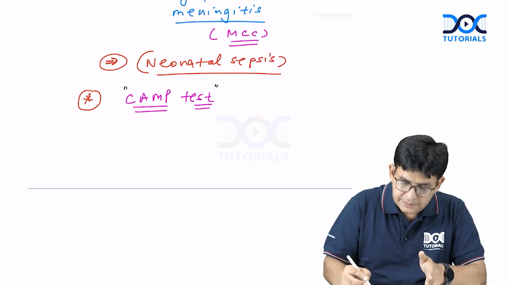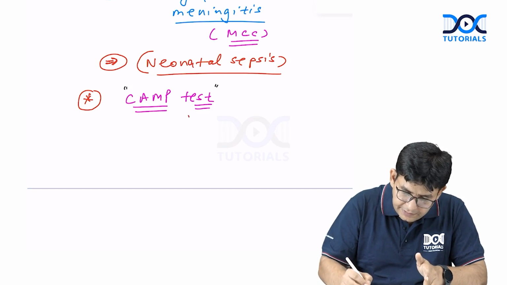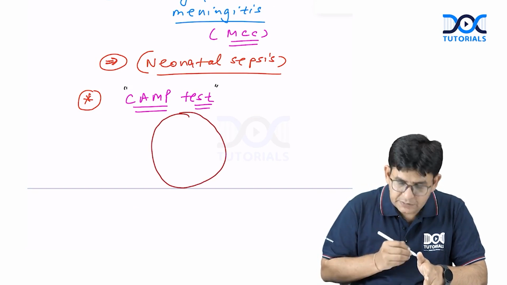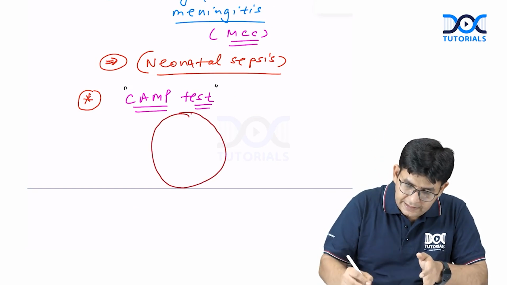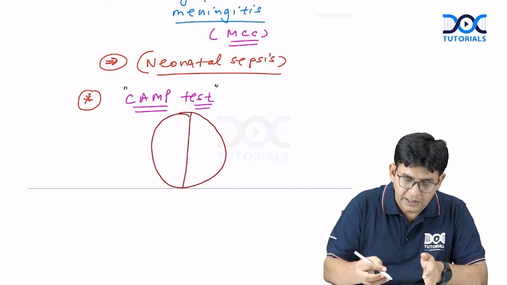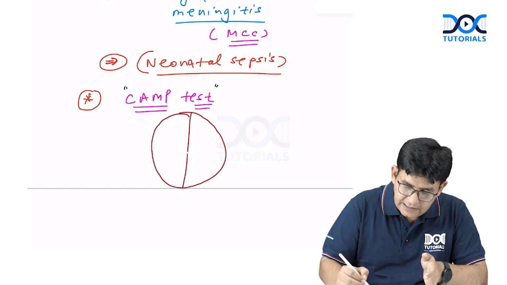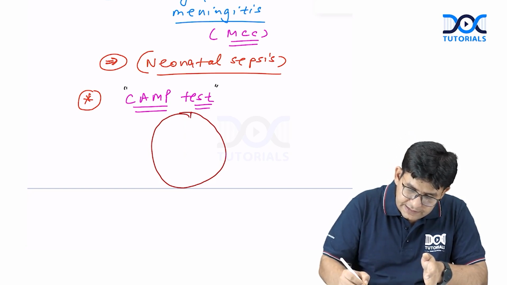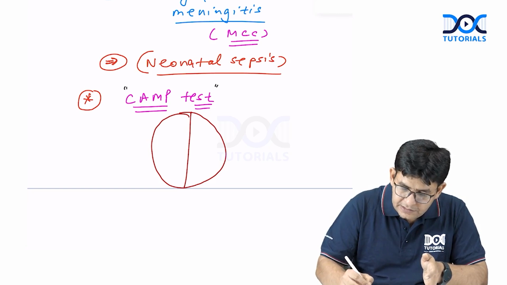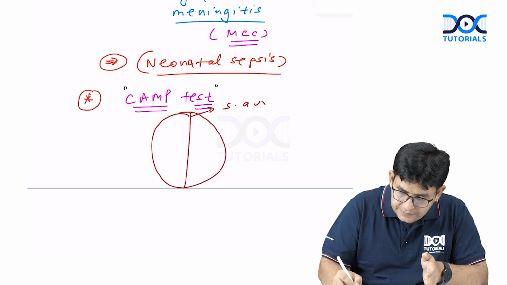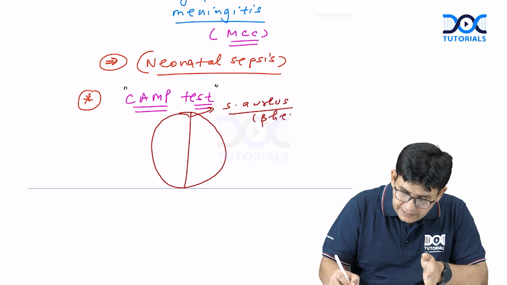And what is the CAM test? Suppose you take blood agar. And in the center, you have done the streak of Staph aureus. And as you know, Staph aureus is beta hemolytic.